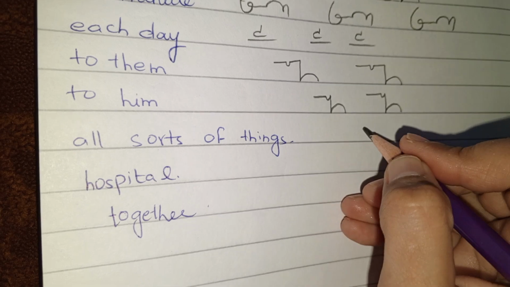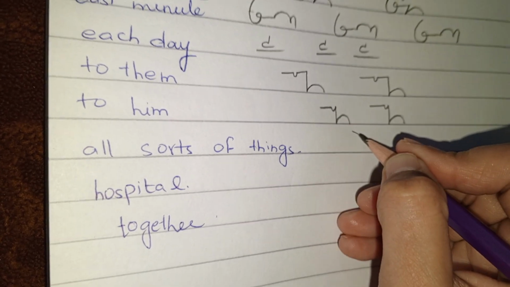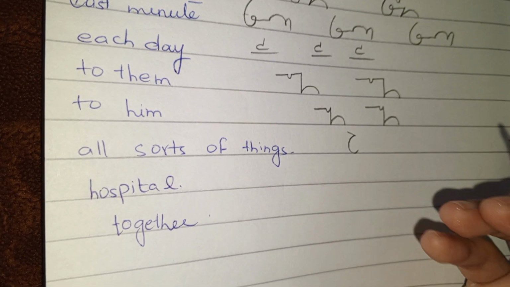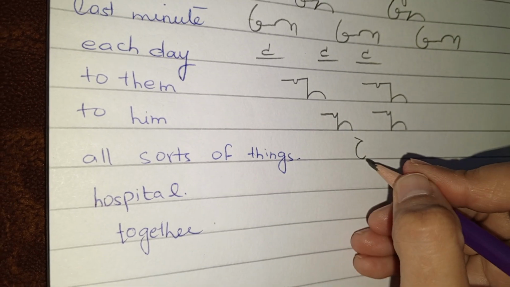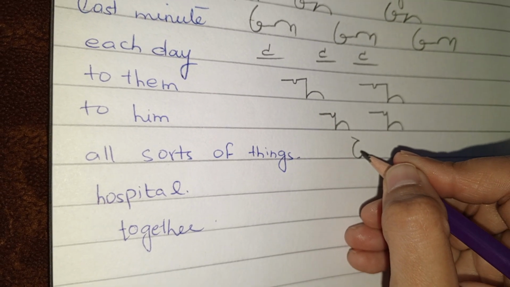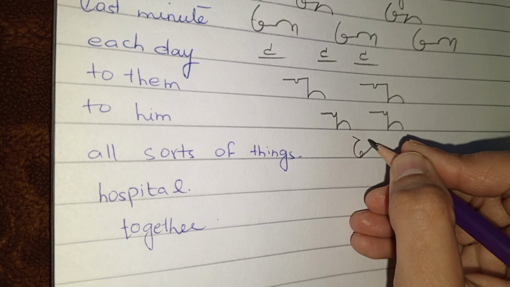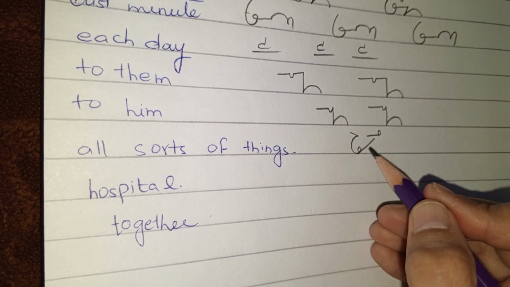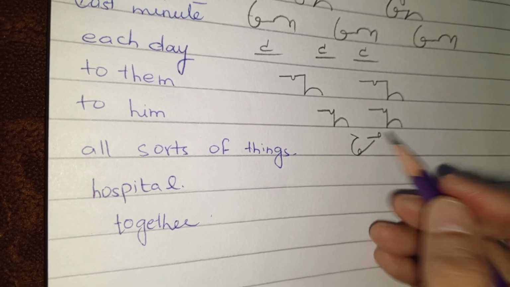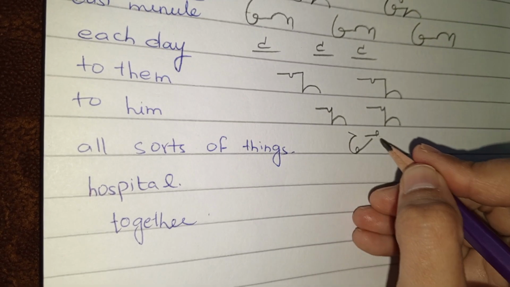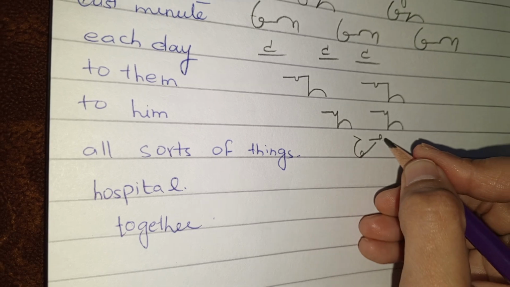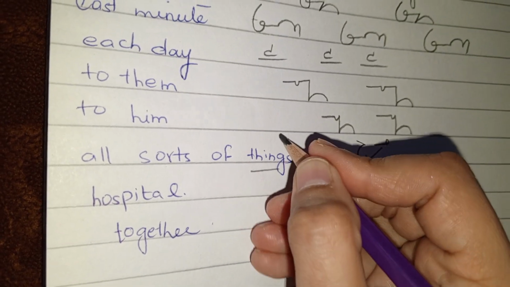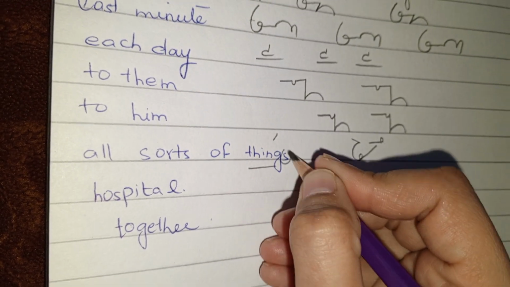All sorts of things. AL for all. Sorts, SRTS. All sorts of things. For things we use this, and this is plural.